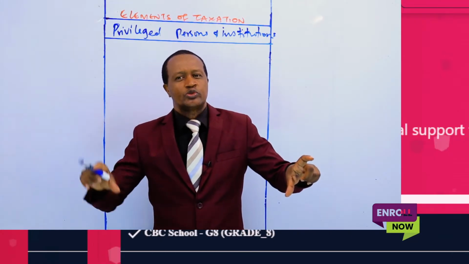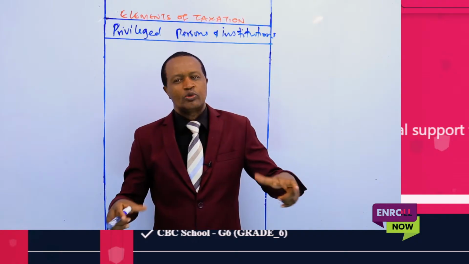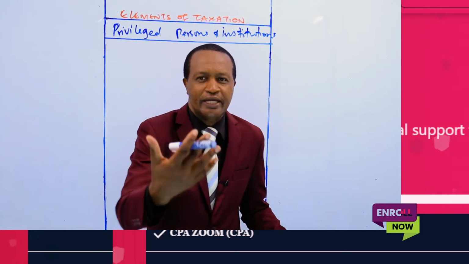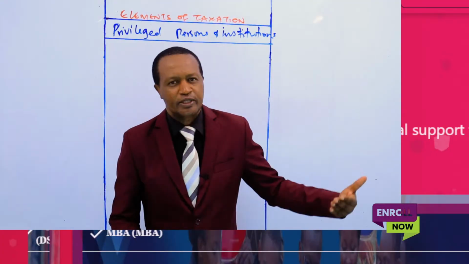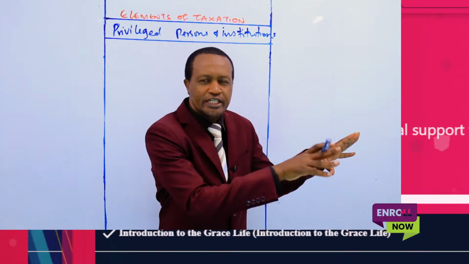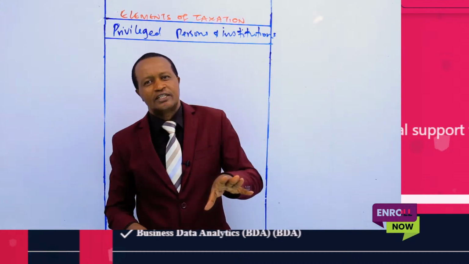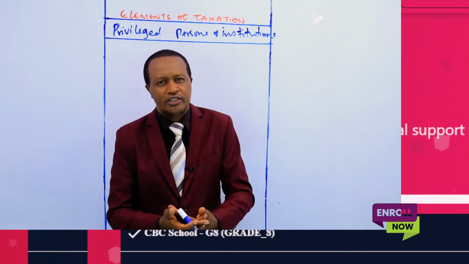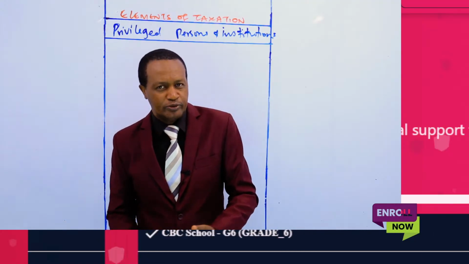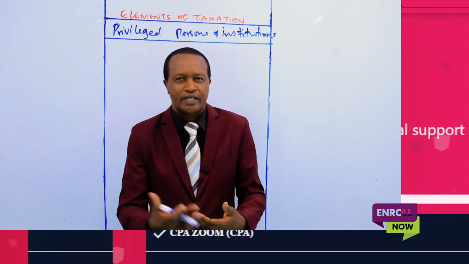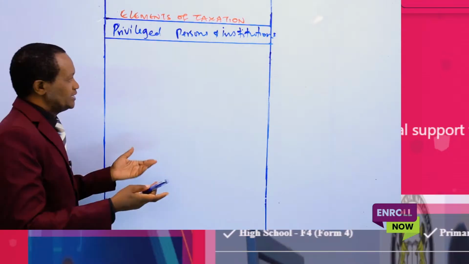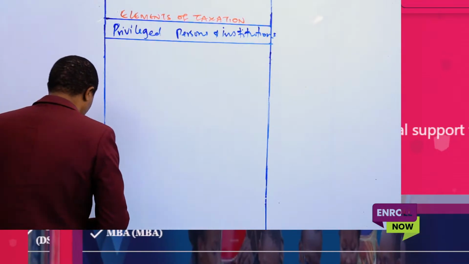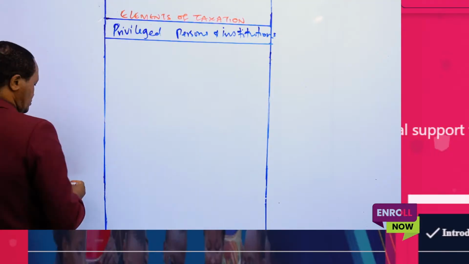And one may ask, or you may be asked, what is the rationale behind according special VAT treatment to certain persons and institutions? Why is it that certain persons and institutions are accorded special VAT treatment through zero rating of supplies made to them or their imports?